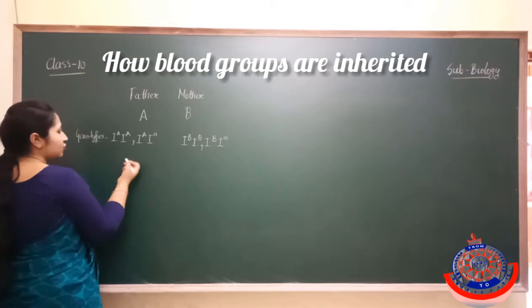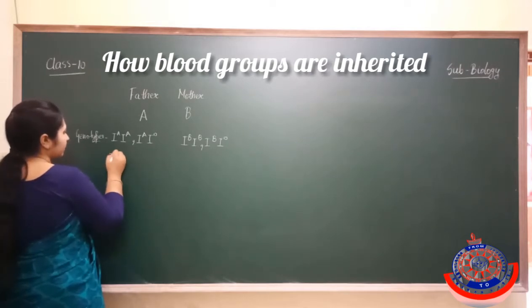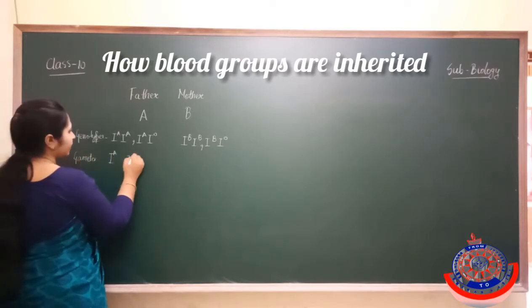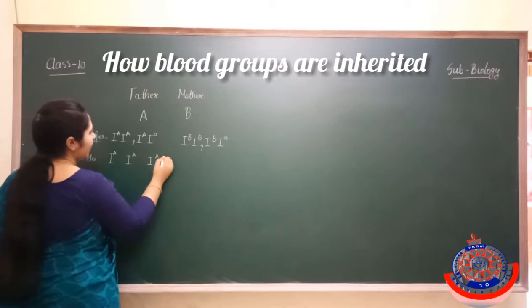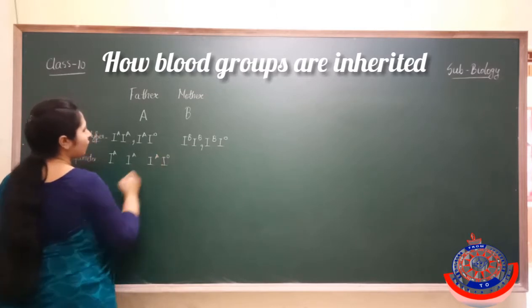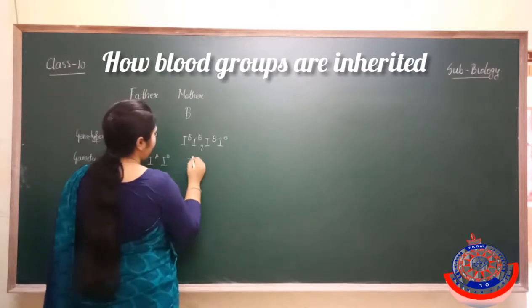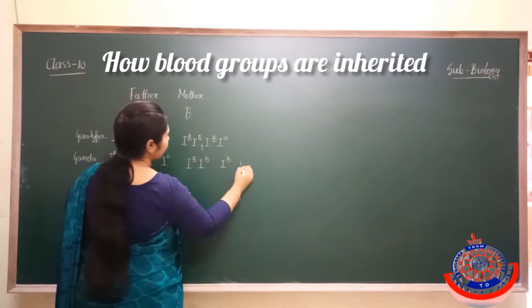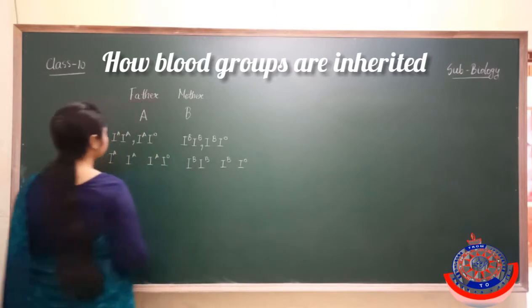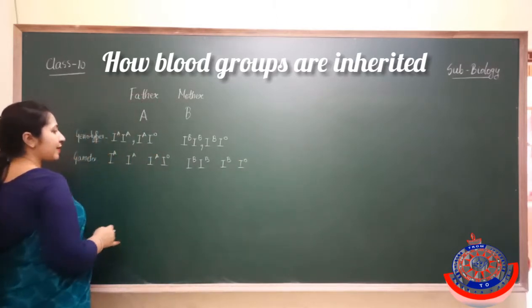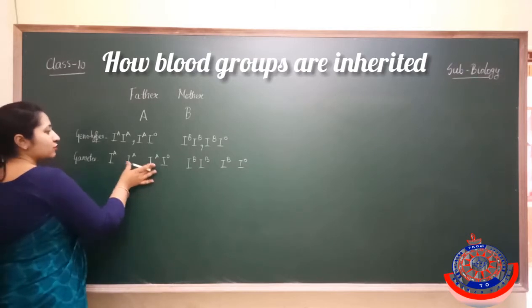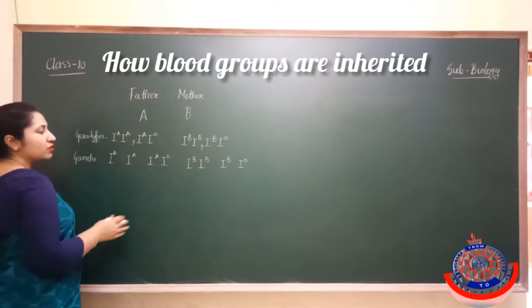Now is the fusion. Separately we have written the gametes: IA and IO for the father, and IB and IO for the mother. As two types of genotypes are possible for each parent, there will be four crosses.